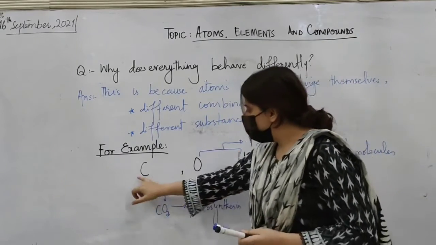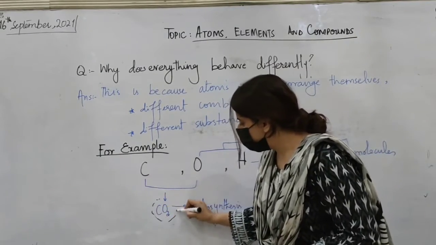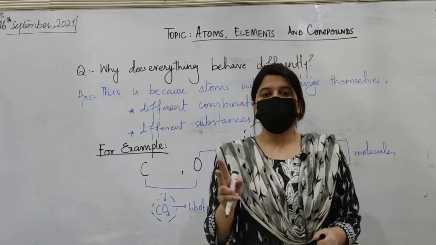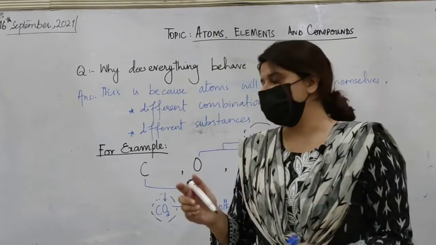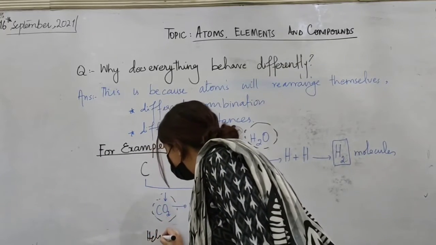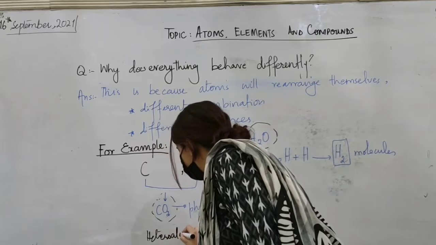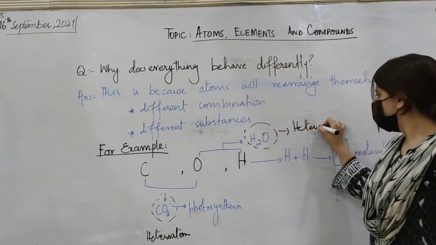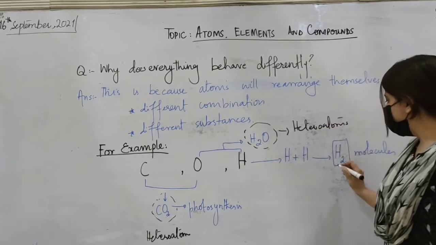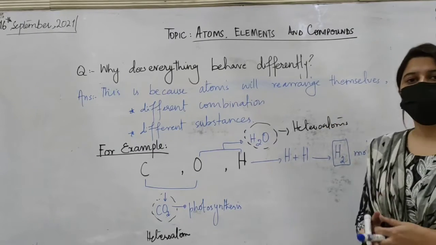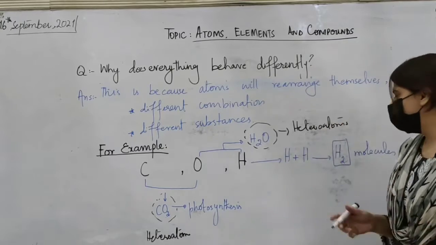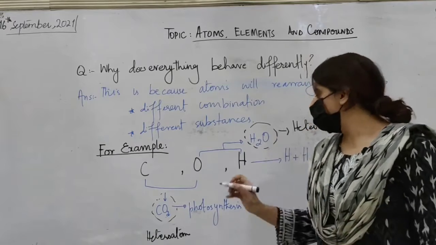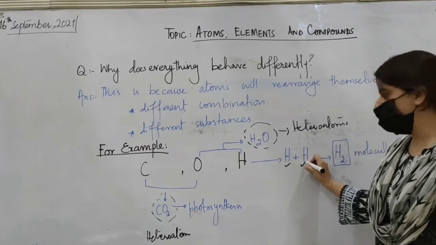As you can see, in this compound, carbon dioxide, and in this compound, water, there is a combination of two different atoms. We can say that they are heteroatoms. Hetero means different. But here you can see that this is a pure hydrogen molecule. It is composed of two atoms, but those atoms are similar, that is hydrogen and hydrogen.